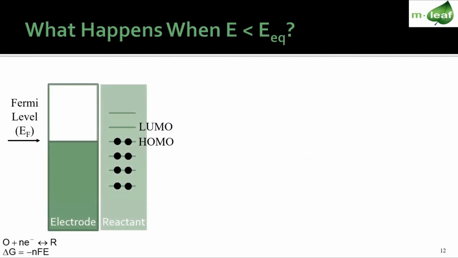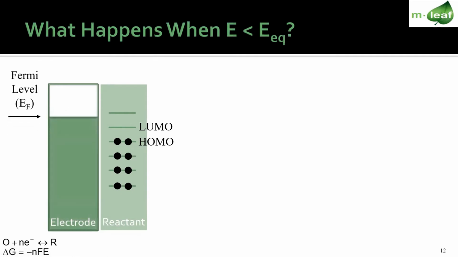So we're going to start at this same diagram, where the free energy of our electrode and the free energy of these electrons in the reactant are at the same level, the Fermi level, at equilibrium. Now, when we shift the potential negative, or force the potential negative, remember, delta G is minus nFE. So that means that the free energy in the electrode is going to increase.